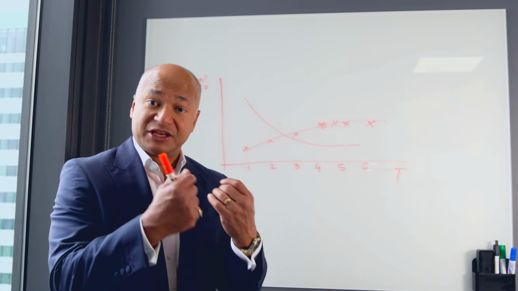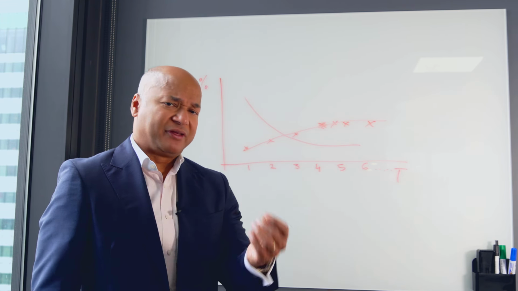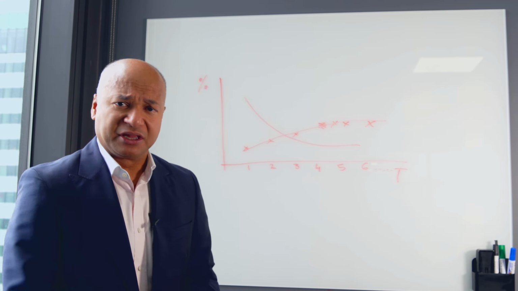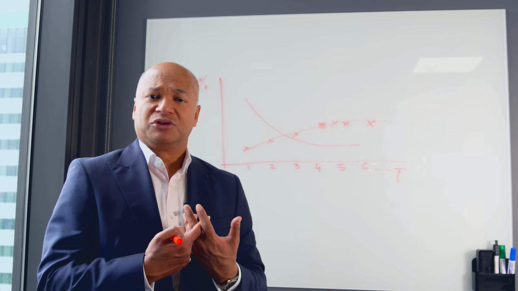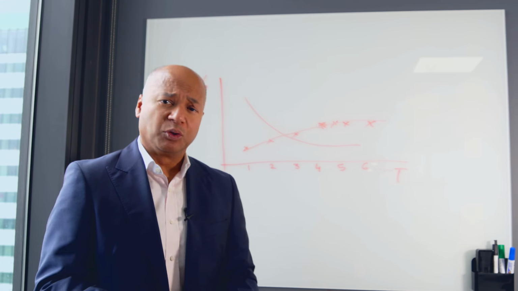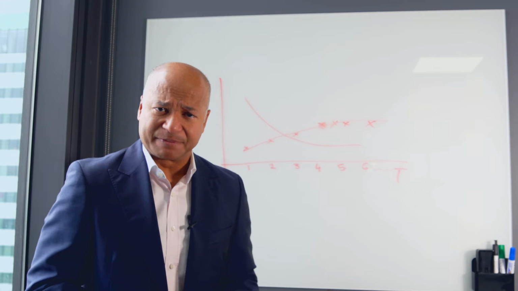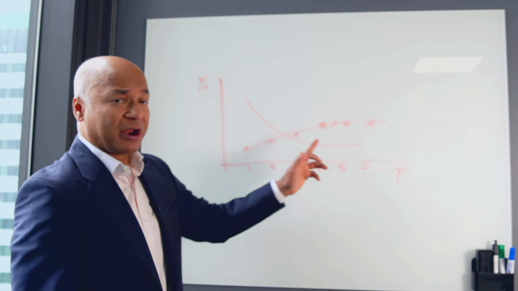Investors, people who lend money, and indeed people who borrow money, will have an expectation of where they think the overnight rate, the central bank base rate, will go. Think of the federal funds rate, or the Bank of England's base rate, or the European Central Bank's base rate, or any central bank's monetary policy rate.